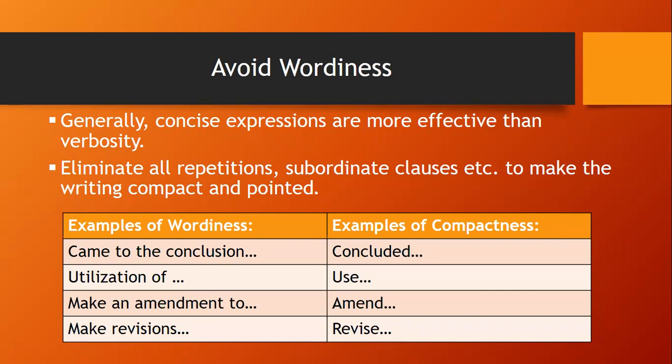The committee has made an amendment to the previous meeting. Why don't we just say the committee amended the minutes of the previous meeting? All right, so we amend, or make an amendment. Instead of saying make an amendment, just use amend. Make revisions. The most concise, compact way there is just to use the word revise.